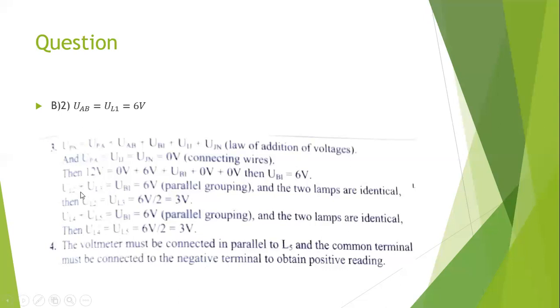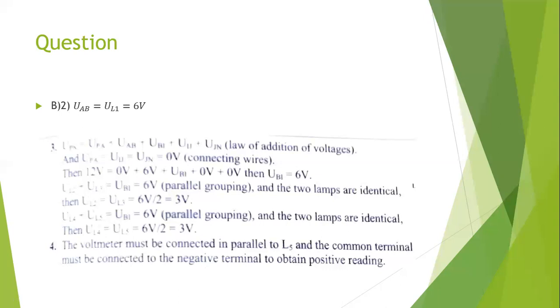So UL2 plus UL3 equals UBI equals 6 volt, series grouping, and the two lamps are identical. Then UL2 equals UL3 equals 6 volt over 2 equals 3 volt. Since the two lamps are identical, they have the same voltage.